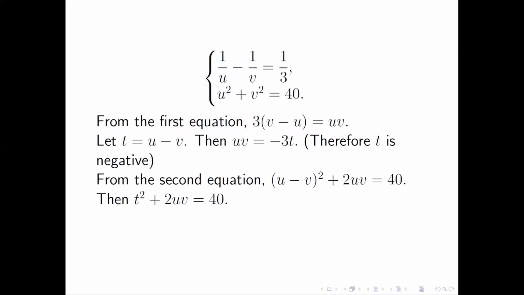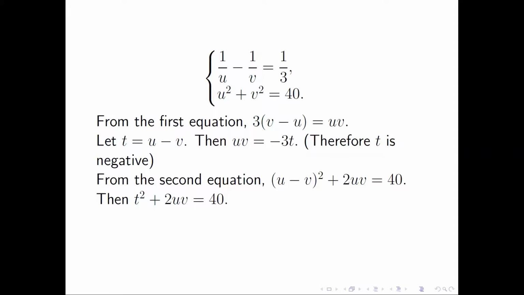We introduce another variable t to be u minus v. Then we have u times v equals negative 3t. So therefore, t is negative. So we establish a relation between t and uv.